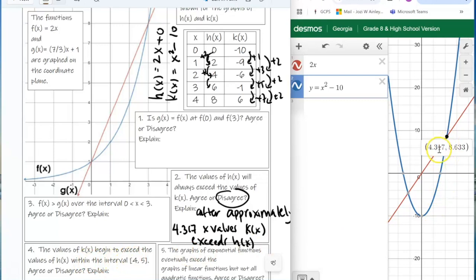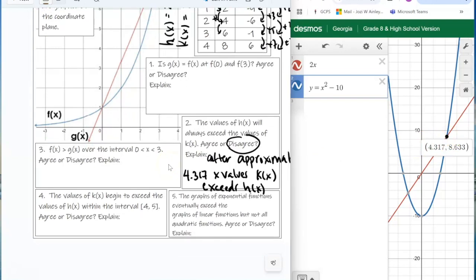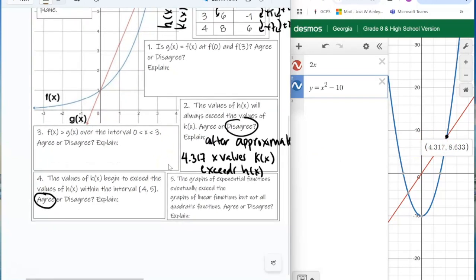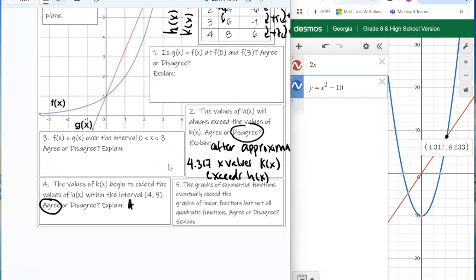It does, because at 4.3 is when it starts to exceed. So that's within the interval of 4 to 5. So I'm going to agree with this. And my reasoning being is after 4.3, k of x exceeds h of x. Just that simple.